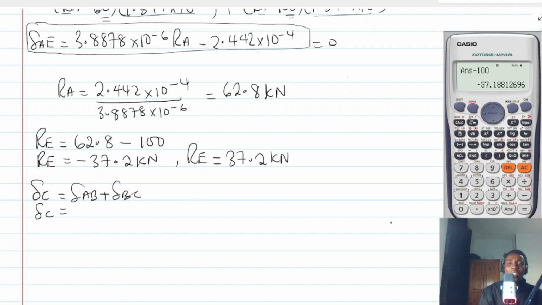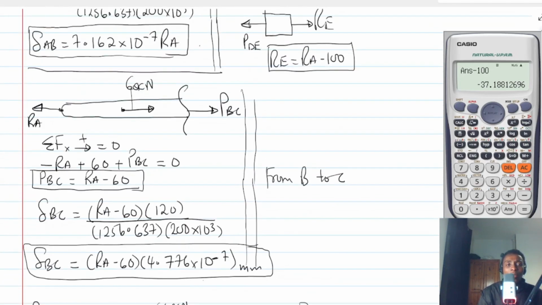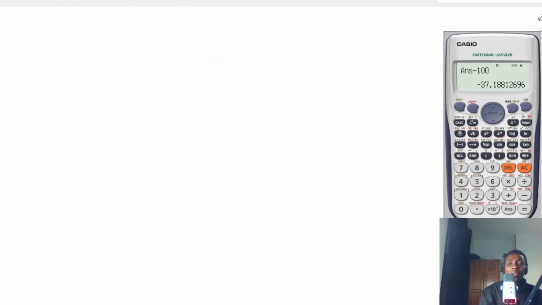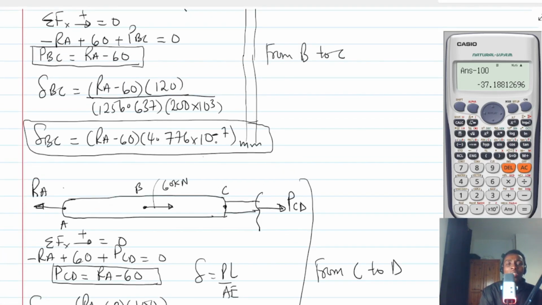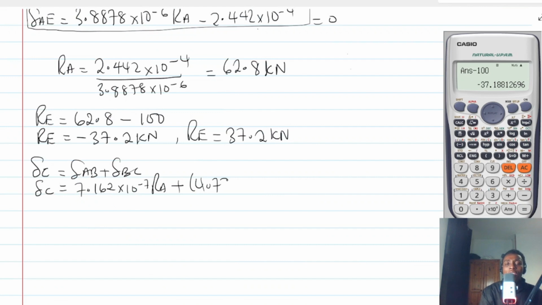So deflection at C will be deflection at AB. What did you get? It was 7.162 times 10 to the power minus 7 RA, plus the deflection in BC, 4.776 times 10 to the power minus 7 RA minus 60.